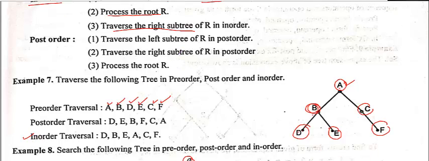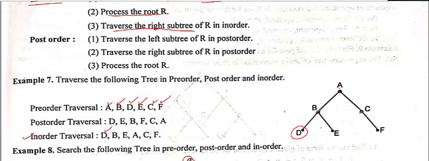So what you will do here, let me erase it. Yes. You cannot visit A first, you will visit the left, but you cannot visit B also, because left is B. So you will visit D first. First left, top left, D first.